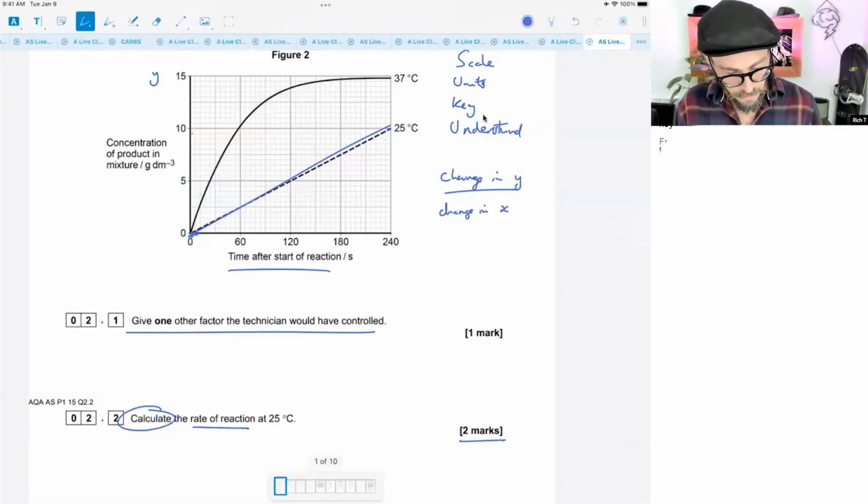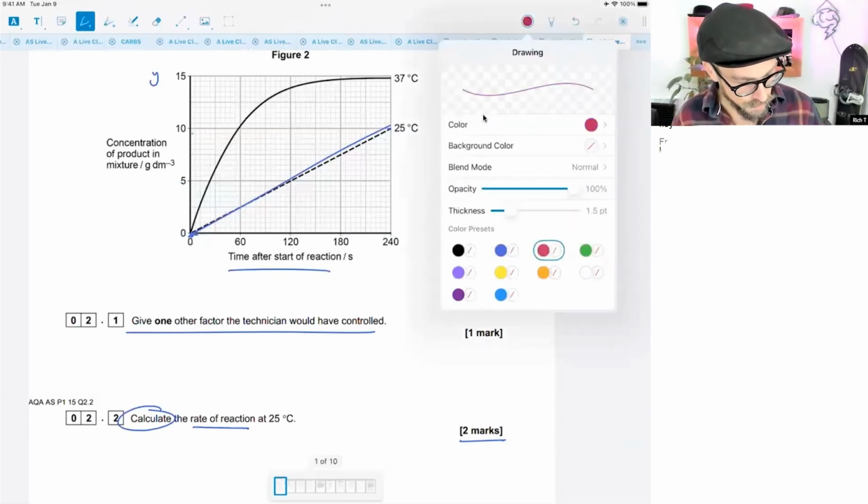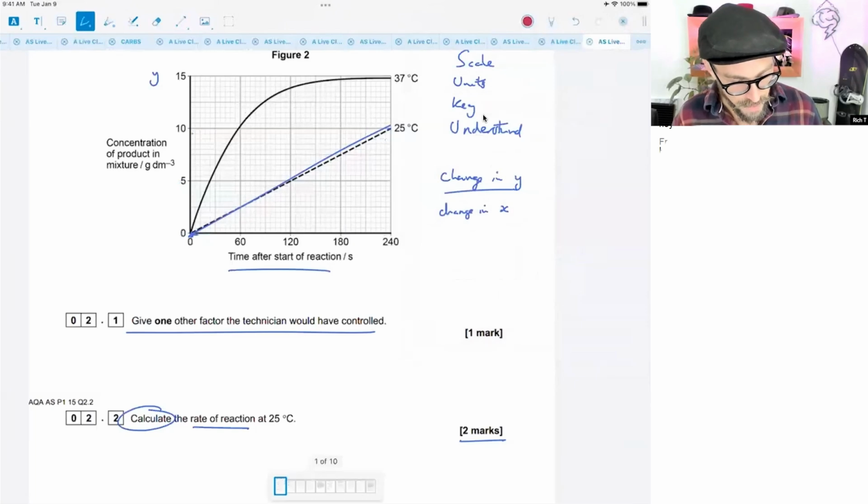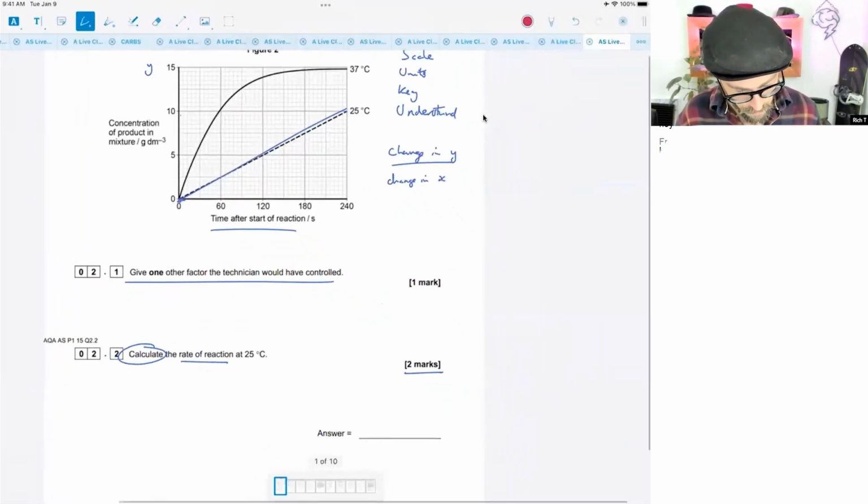Okay, so if I'm going to draw a sketched line here, in fact, let's just use my 37 degrees. We've got 3 types of question here, I think.